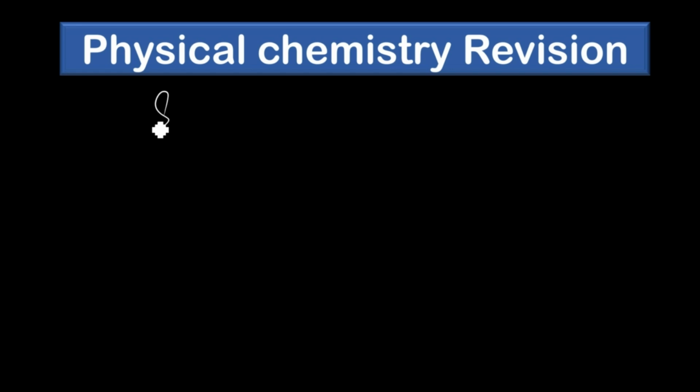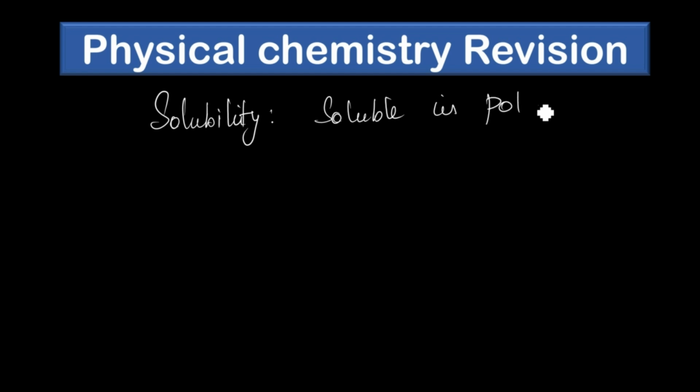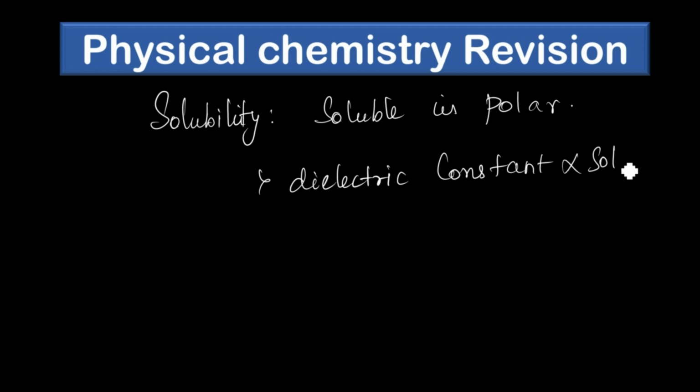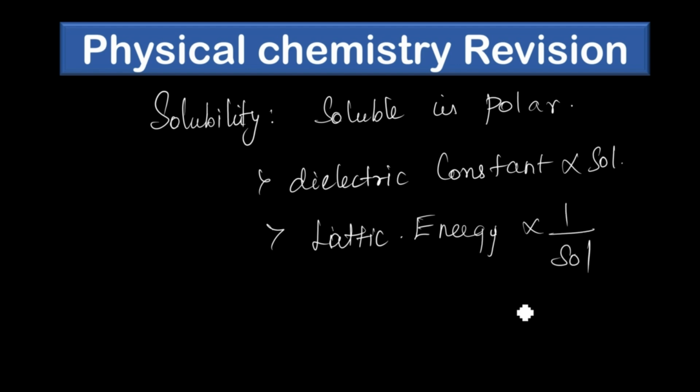Next, solubility. The ionic compounds are soluble in polar solvents like water. And the factors affecting solubility are the dielectric constant, which is directly proportional to solubility, lattice energy, which is inversely proportional to solubility, and hydration energy, which is directly proportional to solubility.